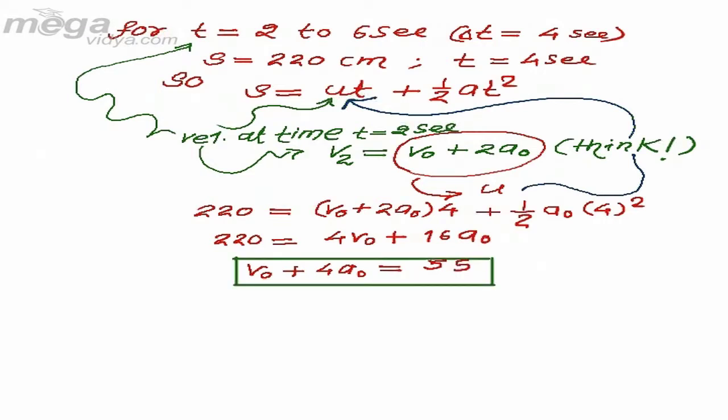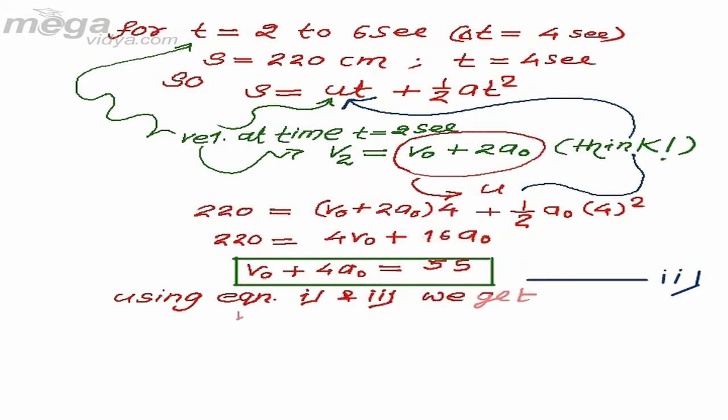I am stating it here as the second equation for this particular question. Using equations 1 and 2, we get v naught equal to 115 centimeter per second and acceleration a naught equal to minus 15 centimeter per second square.